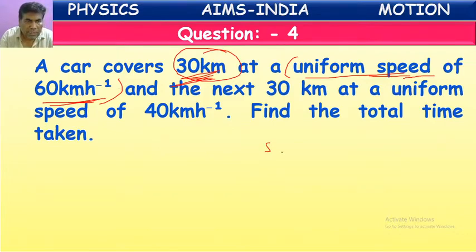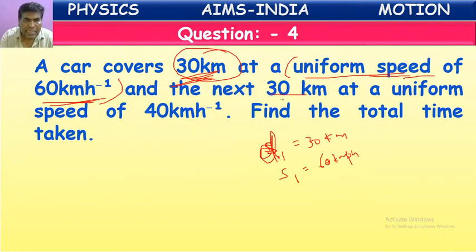So first distance, let us take it as D. What is the first distance? D1 is 30 kilometer. What is the first speed? S1 is 60 kmph.